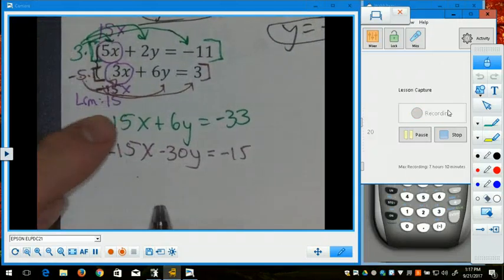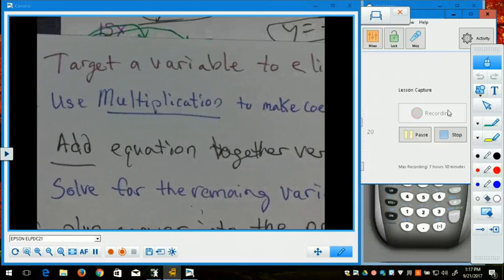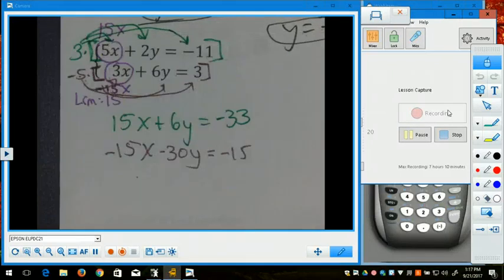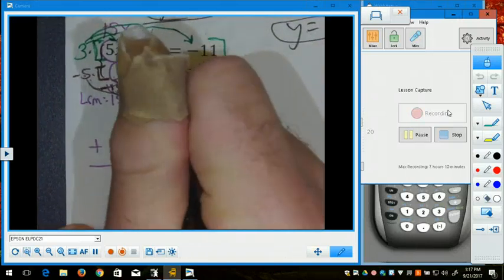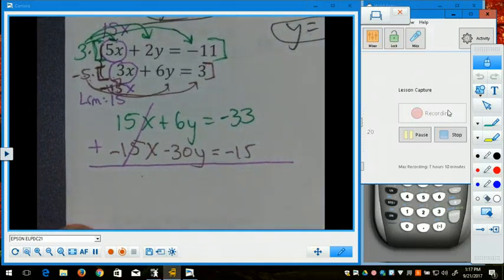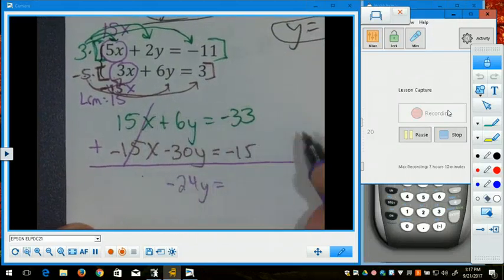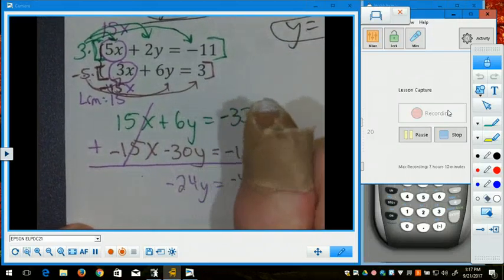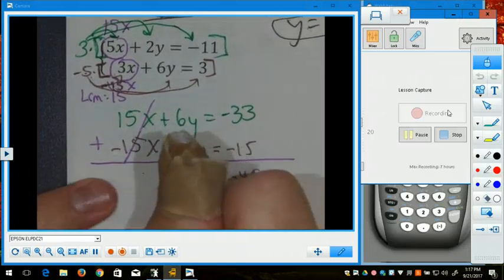Now that I've gotten these to be opposites, step 3 is to add the equations together vertically. When I add these two equations together, my x variables are eliminated. I end up with negative 24y equals negative 48. To solve for y, I will divide both sides by negative 24.